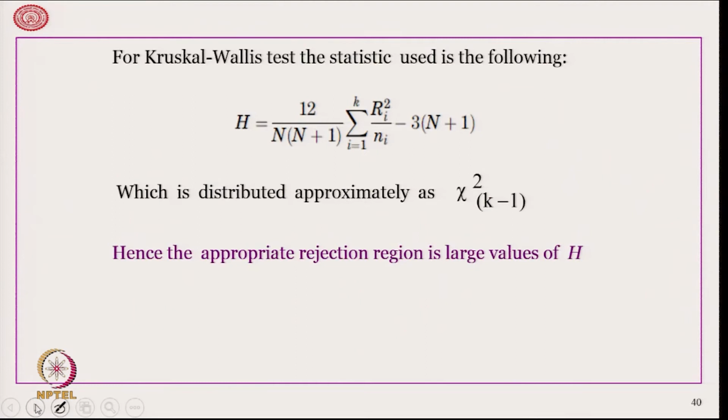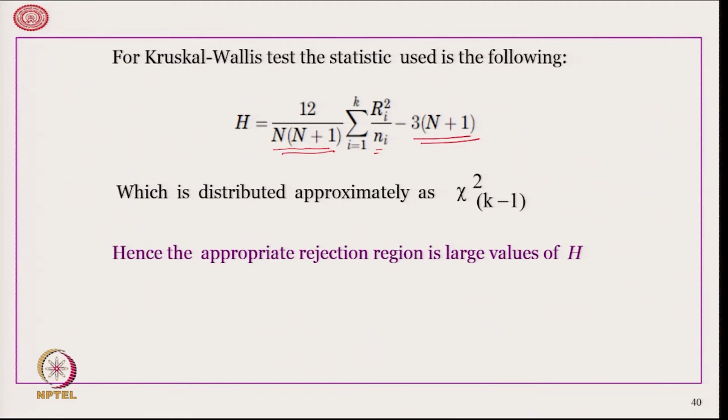For the Kruskal-Wallis test, the statistic used is 12 upon n into n plus 1, summation over i equal to 1 to k, R i square upon n i, minus 3 times n plus 1.